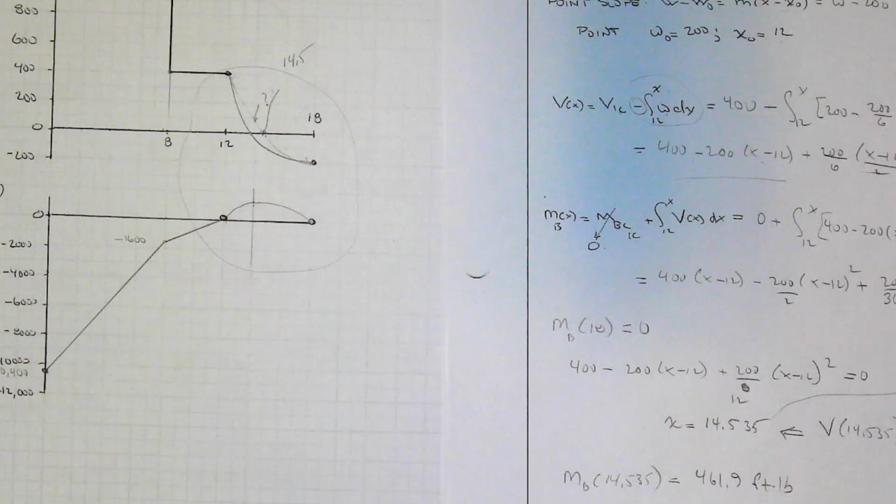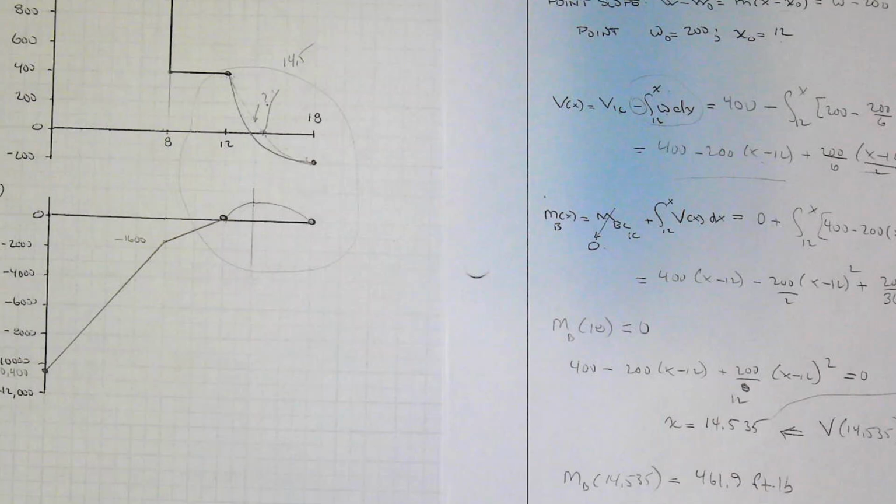What's the slope here? The rise is 200, the run is 6, but it's running down, so that's negative slope. So that's going to be minus 200 over 6. And let's see, x minus, well, our point was at 12, x minus 12.